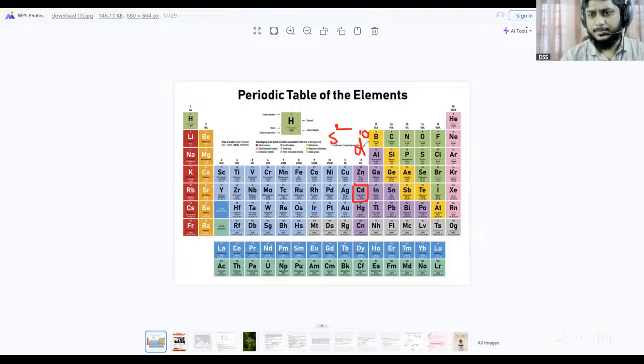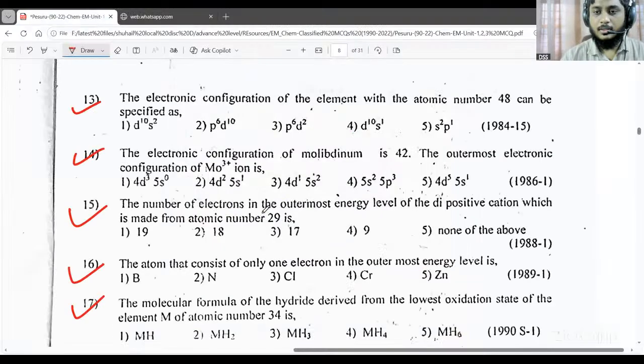Then this will be categorized under the D10 category. Now you have the issue: D10 S2 or P6 D10.